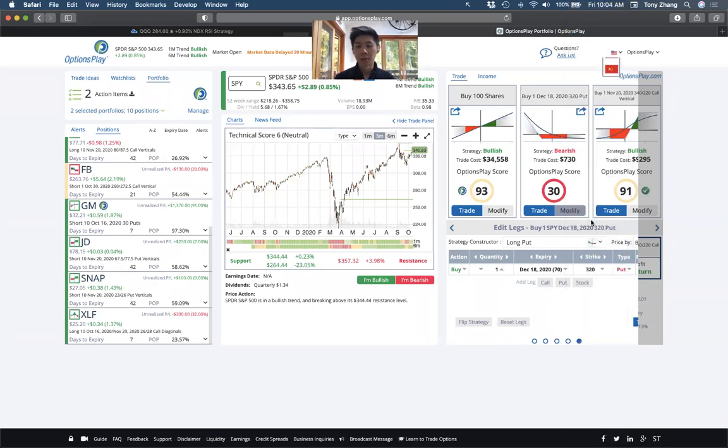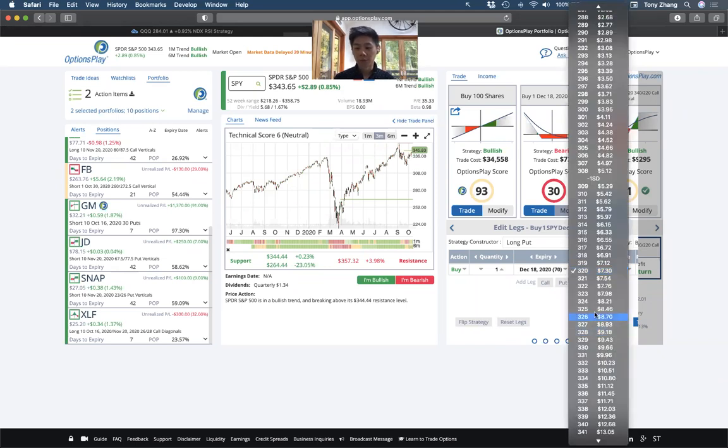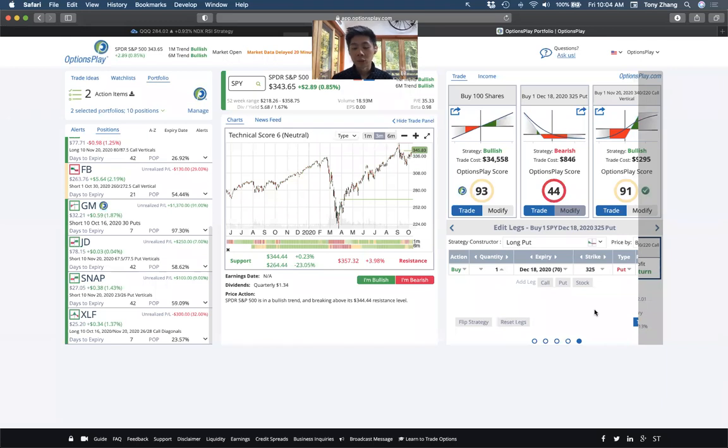If you're looking to buy that out-of-the-money put option here, 320, 325, somewhere in that range, this will give you kind of this catastrophic insurance, if you will. So if markets decline 10, 15% on a contested vote, this type of put option will provide you with some downside protection.